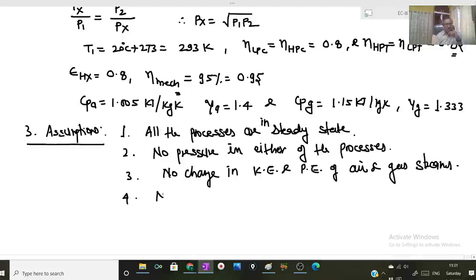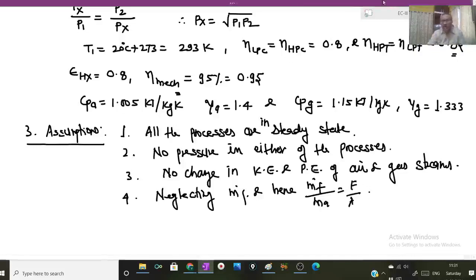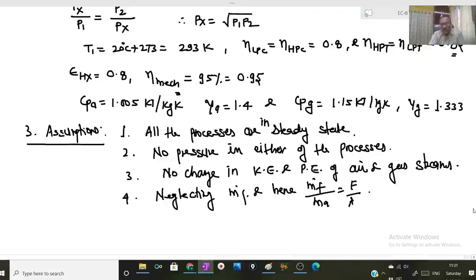Number 4 assumption, neglecting mass flow rate of fuel and hence fuel air ratio. Okay. So these are the assumptions I can take.